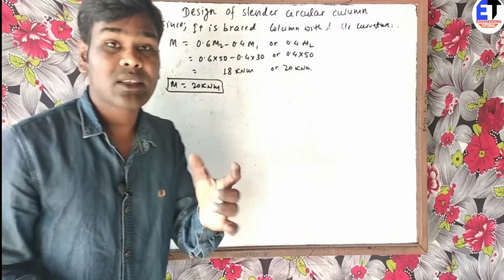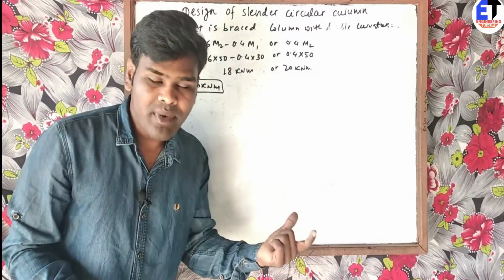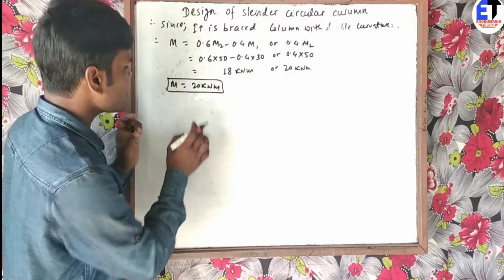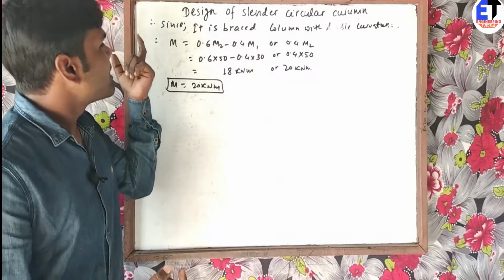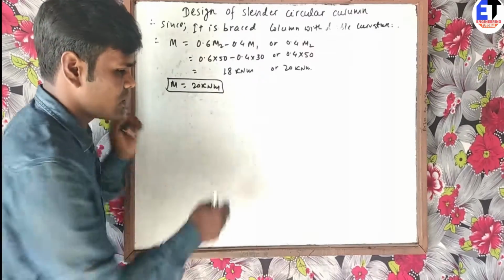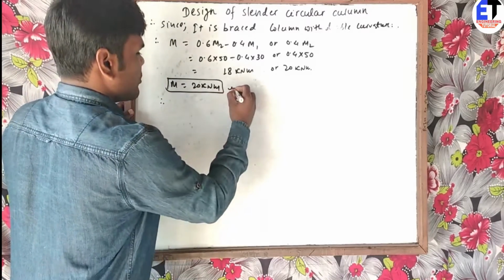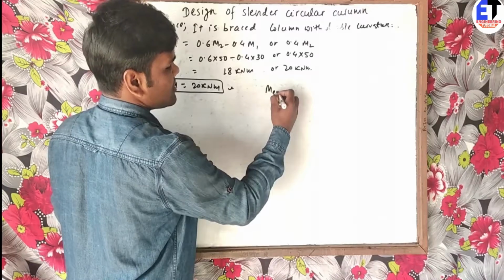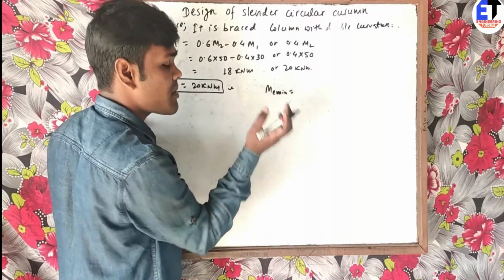So we have calculated three types of moment, which are the initial moment, the additional moment, and the moment for the minimum eccentricity. The comparison occurs between the initial moment and the minimum eccentricity moment. What is the value of the minimum eccentricity moment?